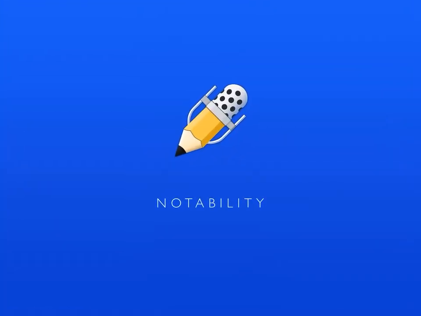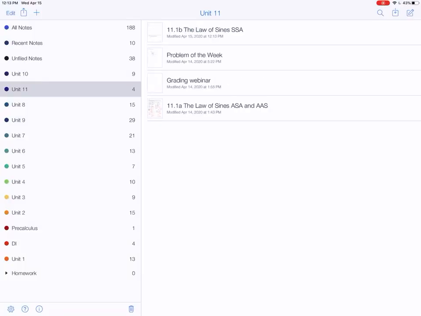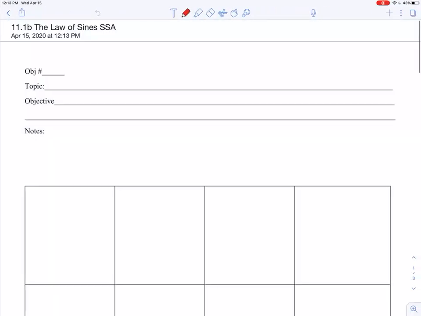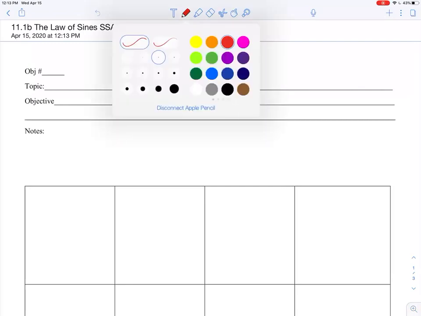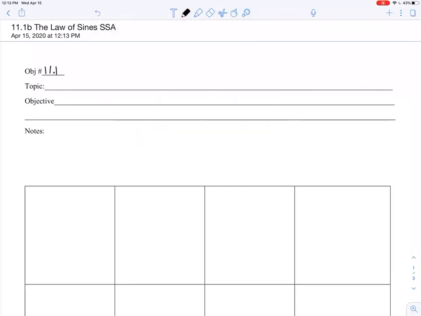Hi everybody. So today we're going to be taking notes on the law of sines when we're given side angle. So this is objective 11.1b.